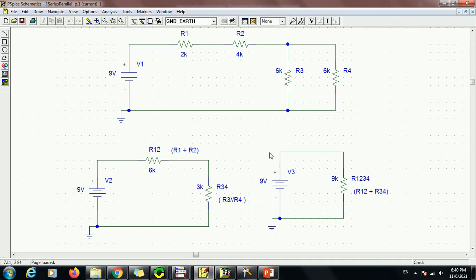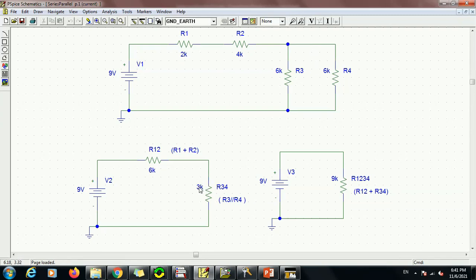Well, the reason is that sometimes we need a certain value which is a non-standard value. So, for example, if I need a 3.3 kilo ohm, not just 3 kilo ohm, and I don't have 3.3 kilo ohm, I will think of certain resistors arranged in a parallel setup in order to give me a total resistance of 3.3 kilo ohm.